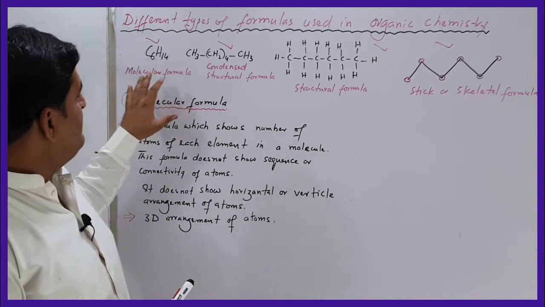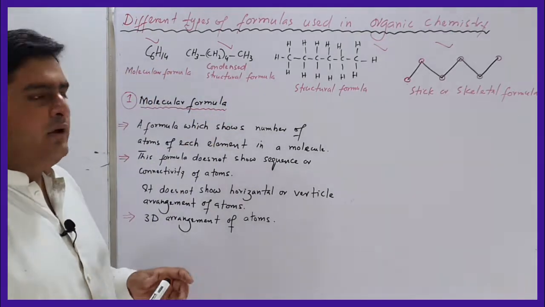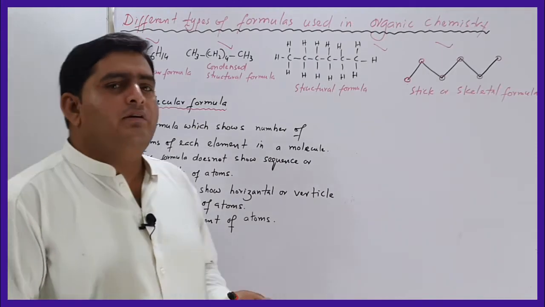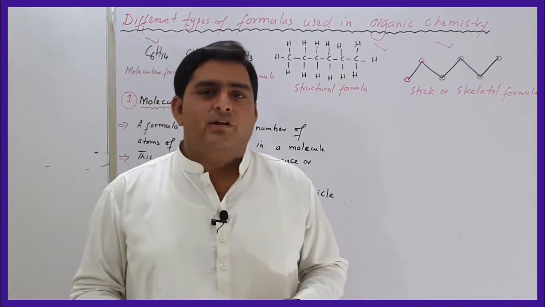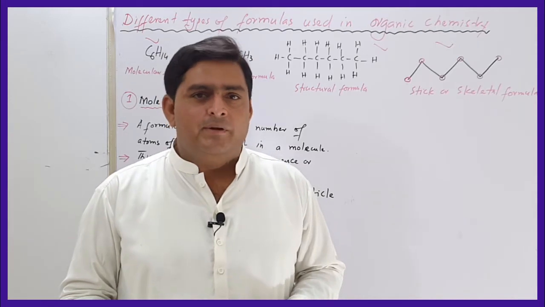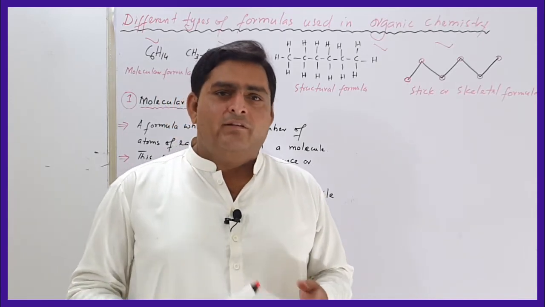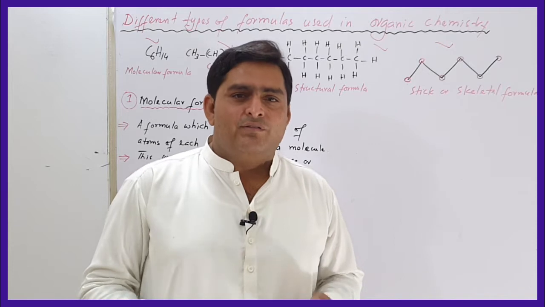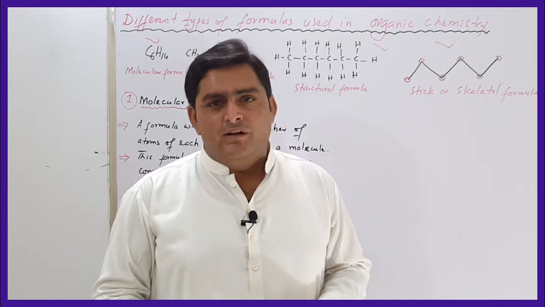Organic compounds are represented by all these formulas. Every formula has its own significance, importance, and some limitations. So let's explain which formula has what significance and what are the limitations.